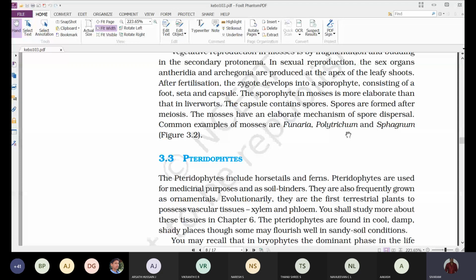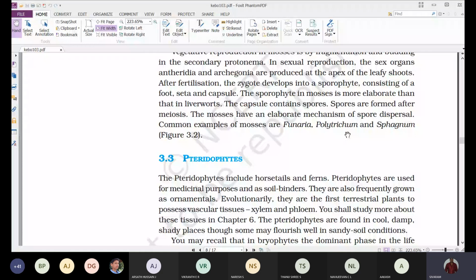And the group which is considered as the first complete terrestrial plants, the first group of plants which are described as completely terrestrial, are pteridophytes. So these are considered as the first terrestrial plants. What is the reason, we'll discuss one by one.